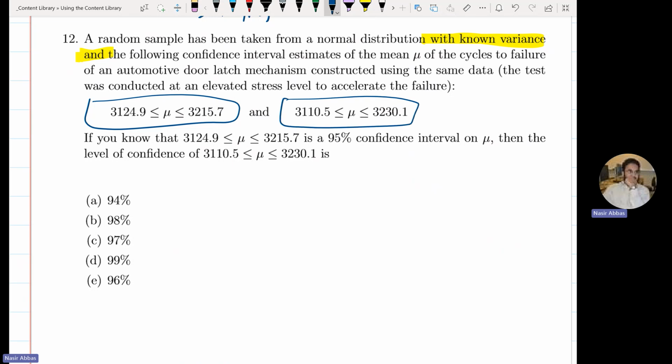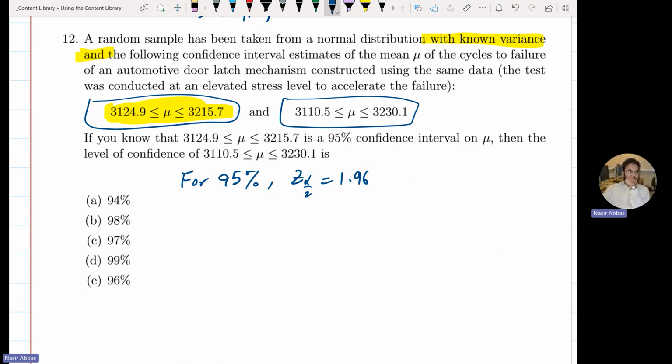These are two intervals with different confidence levels. Then they tell you that this one is 95%. That means for this one, the value of Z alpha by 2 was this was the value used, 1.96. Then they are asking you what is the level of confidence for the other one.